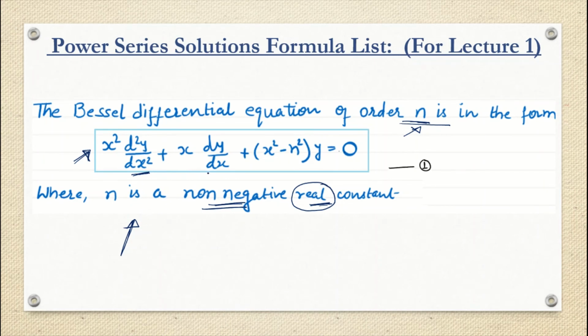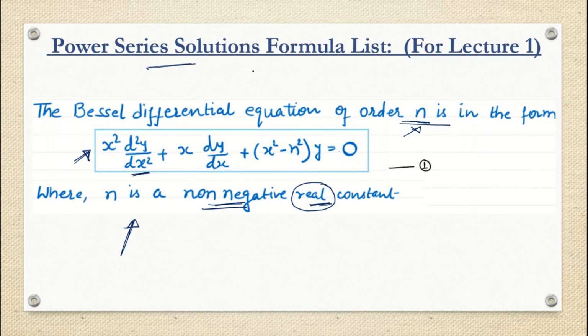But if I am going to solve this Bessel differential equation using the power series method, why am I opting for the series solution method? Because with the general methods we have covered for second order linear differential equations, we will not be able to find the solution, right? So for that, we use a different method which is for sure going to give me the answer, the series solution method.